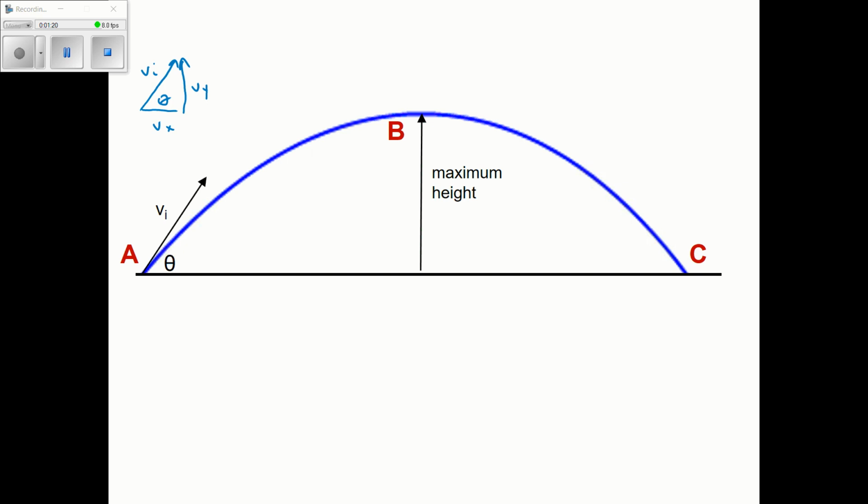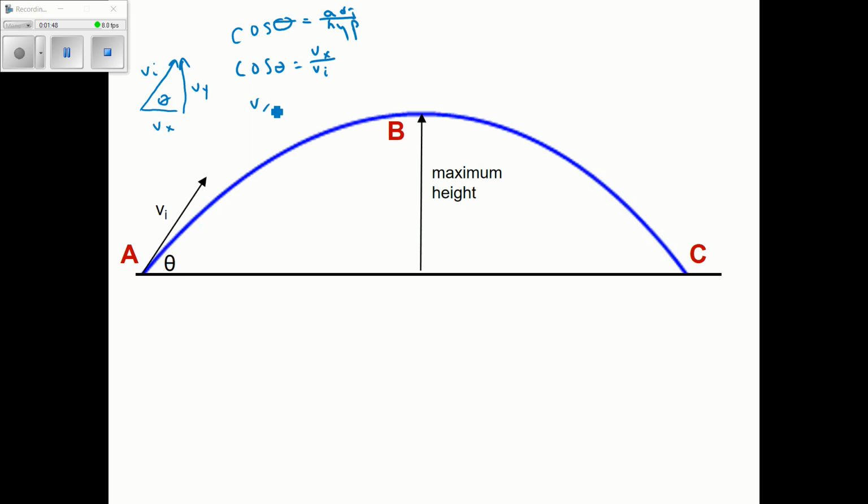So use cosine theta equals adjacent over hypotenuse. Now if I plug in what I need to what I have, cosine of theta equals Vx over Vi.